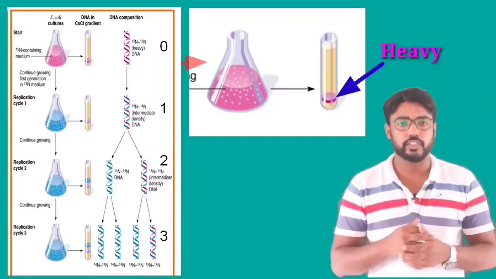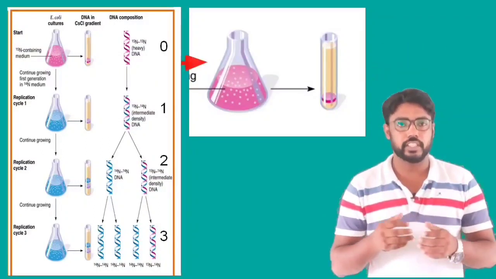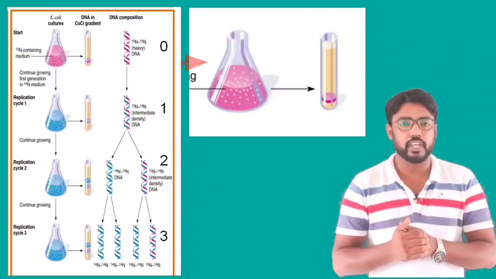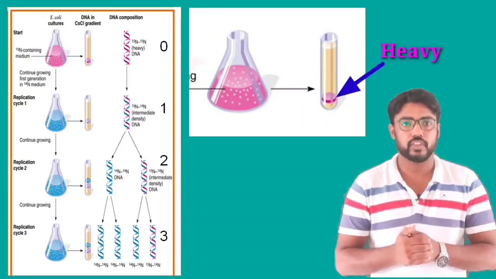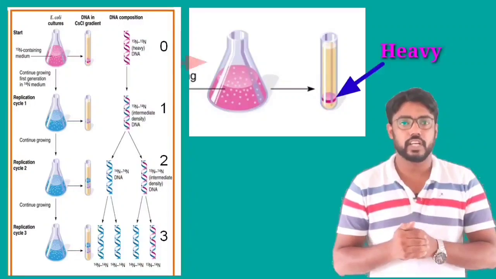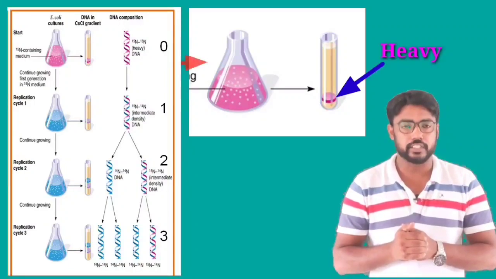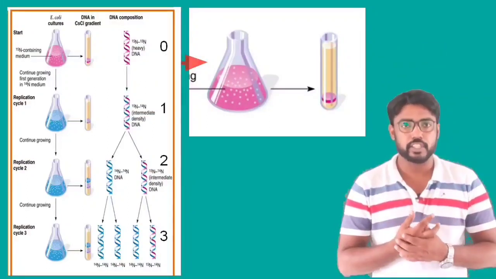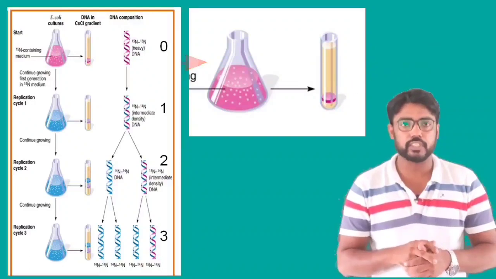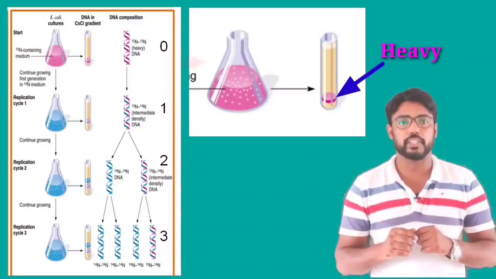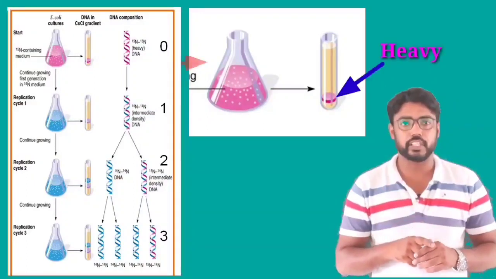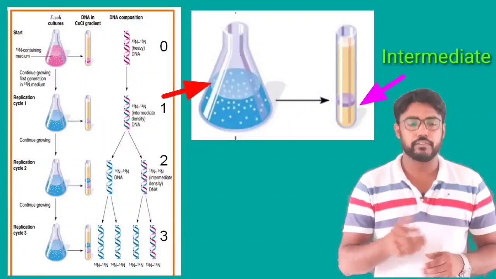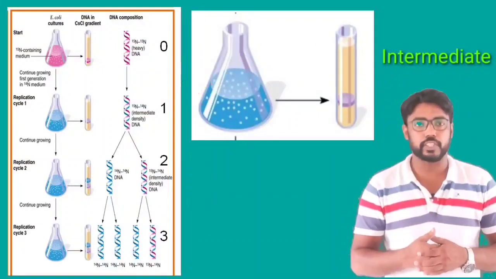They isolated DNA from this, purified it, and did analytical centrifugation, that means cesium chloride centrifugation. In that, they found that only one band appeared, the heavy band. In the zero generation bacteria, the band that appeared was the heavy band.